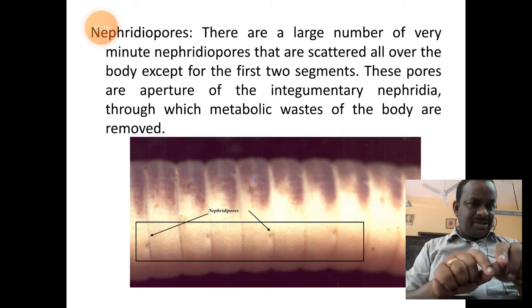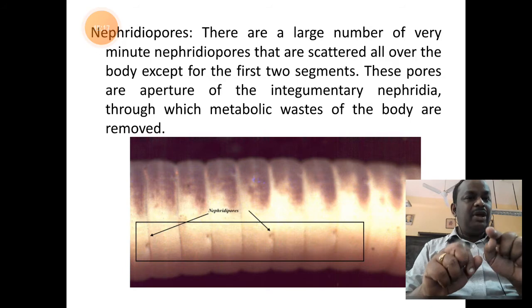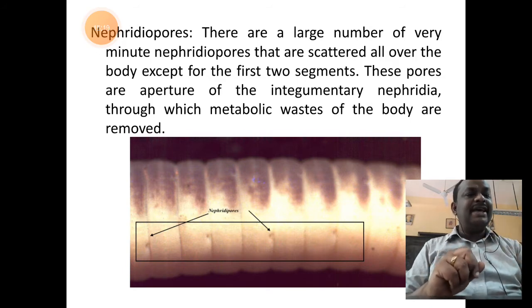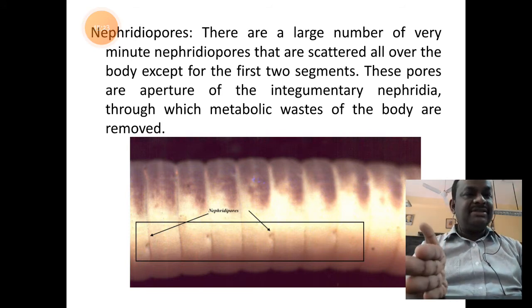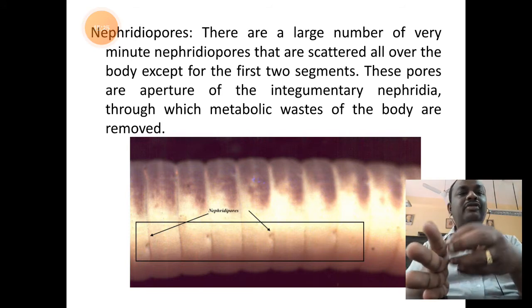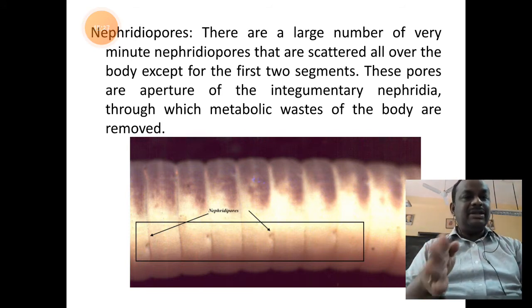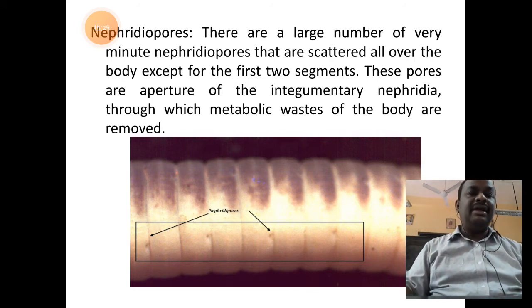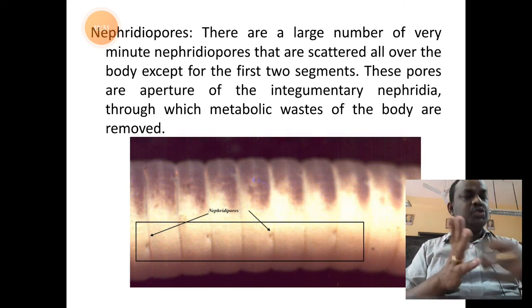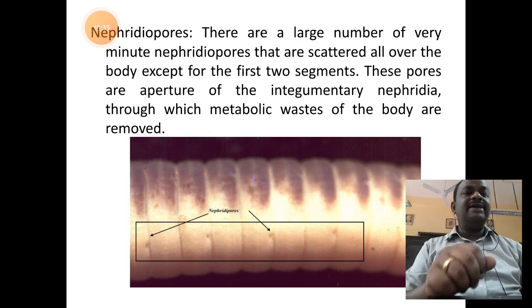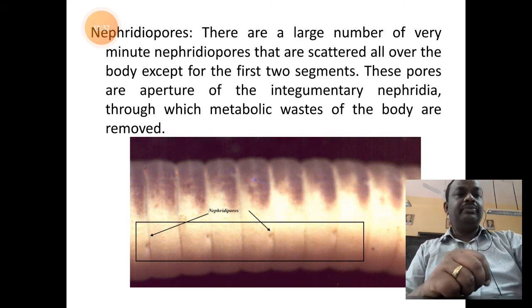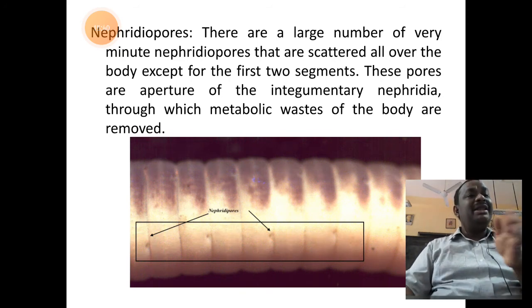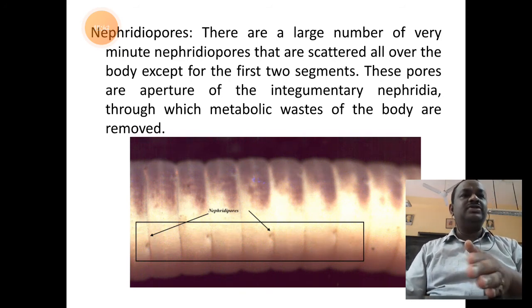Down in the picture, there is an enlargement of the opening shown in every segment, which we call nephridiopores. So nephridia are the excretory structures, and the openings of which communicate between the internal environment and the external environment to throw out the excretory waste through these nephridiopores. They are innumerable in number, but they are absent in the first two segments.